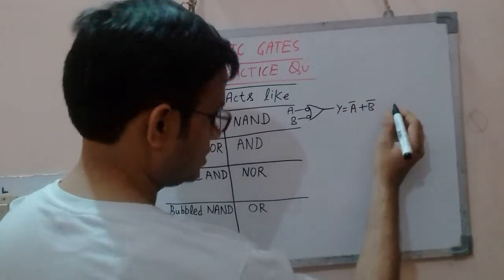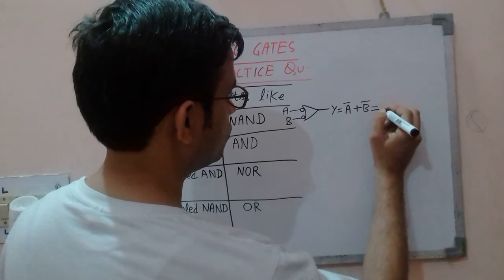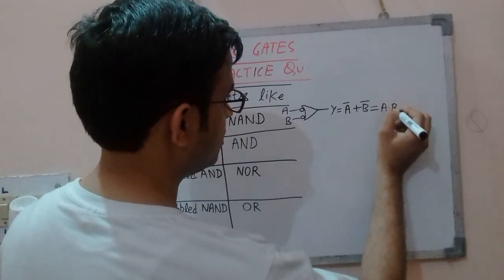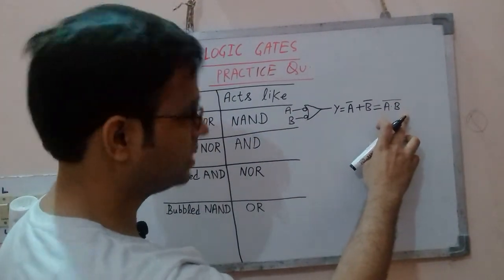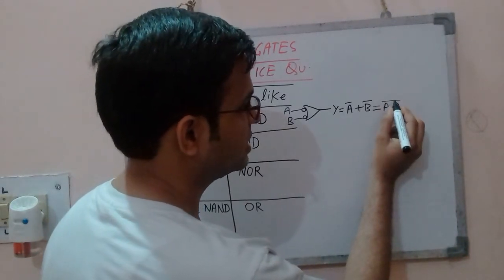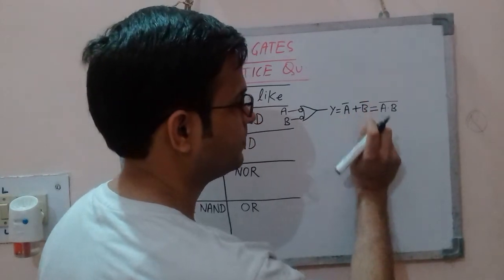Now apply De Morgan's theorem and tell me A bar plus B bar is equal to what? Can I write this A into B bar, A dot B, whole bar, right? So when you apply De Morgan's theorem, you will break this line and change the sign. That means it will come back to A bar plus B bar, right?